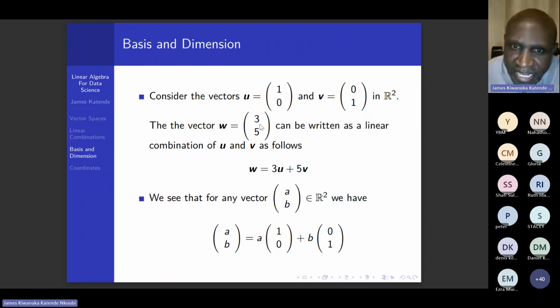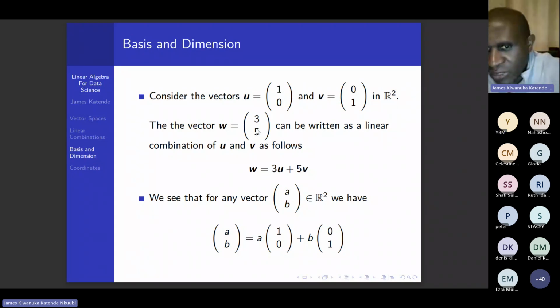Then we take some other vector (3, 5), which we call W, in R2 as well. We see that we can write W as 3 multiplied by U plus 5 multiplied by V. You can check that. If you multiply this by 3 and this one by 5, then add them, you should get (3, 5).